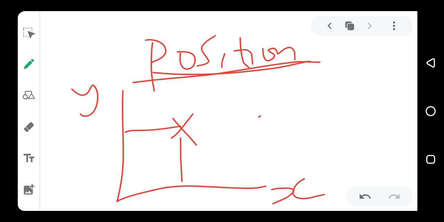So when you trace a position from the x-axis and it meets with a position in the y-axis, the junction between the two of them is called a coordinate or the location of a body. That is the position. So for you to get the position of a body, you trace the x coordinates and y coordinates of the body, find where the 2 points meet, and that will give you the position of the body.